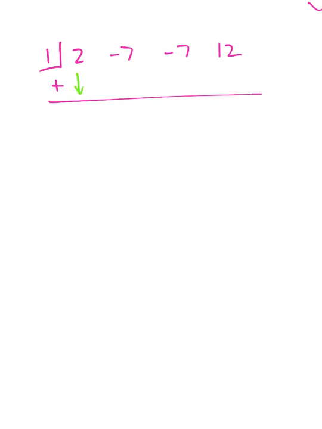So bring down the 2. 2 times 1 is 2. Plus -7 gives me -5. Times 1 is -5. Plus -7 gives me -12. Times 1 is -12. Plus 12 gives me 0. So I have found one x value.